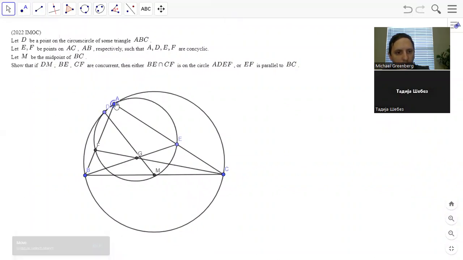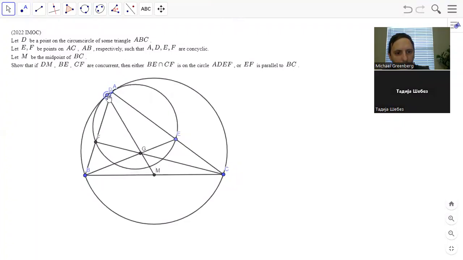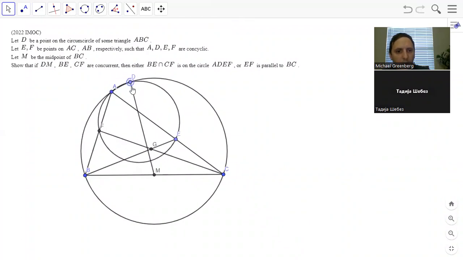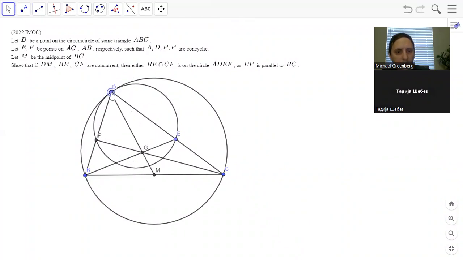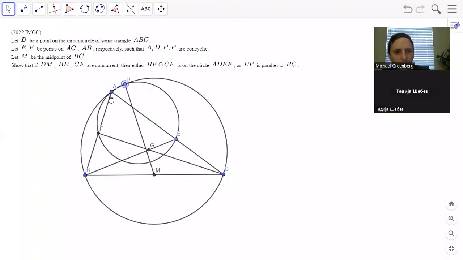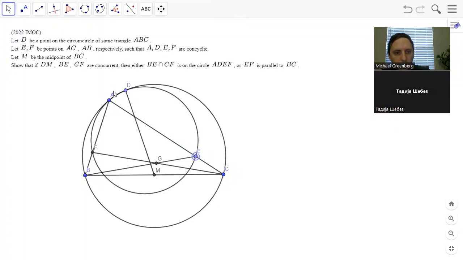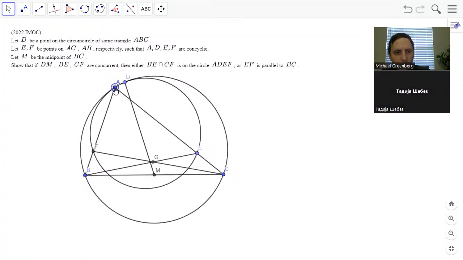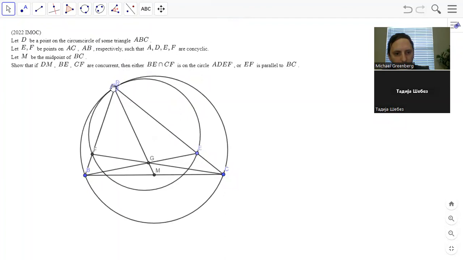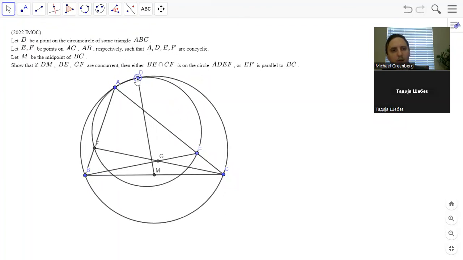then either, does that even make sense? Okay, so in this figure it looks like EF is parallel to BC. Let's move E around a little bit. Okay, so I mean we could kind of work backwards.